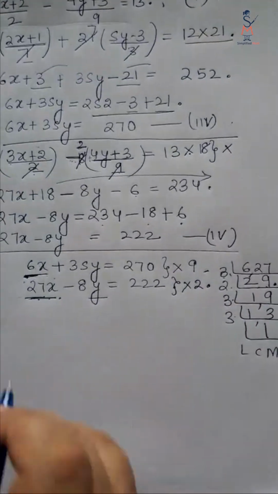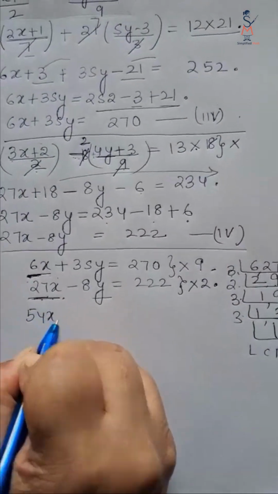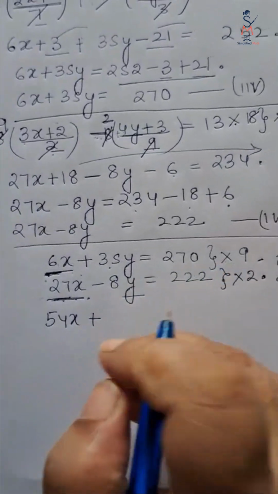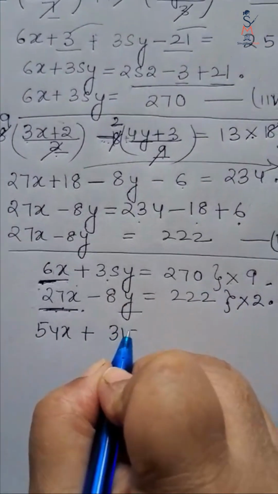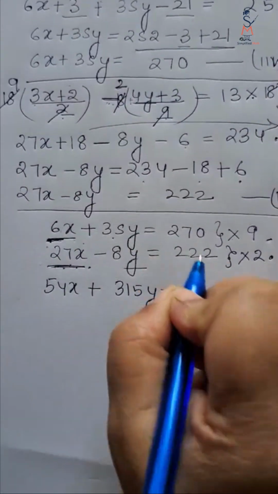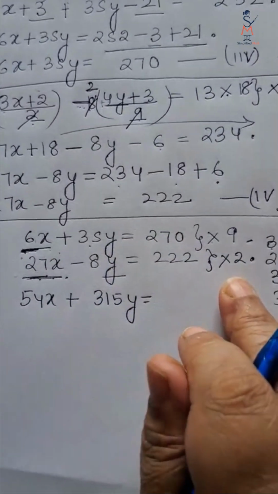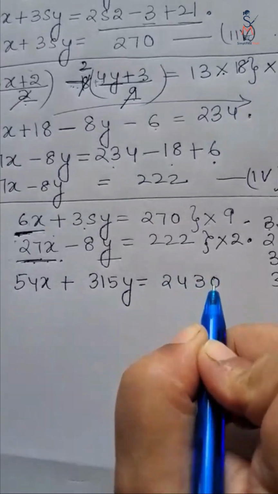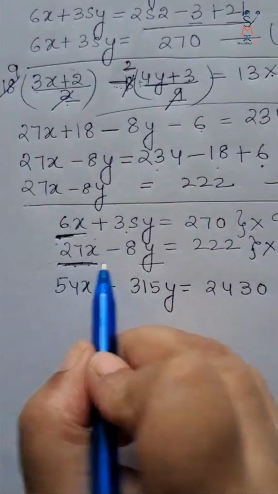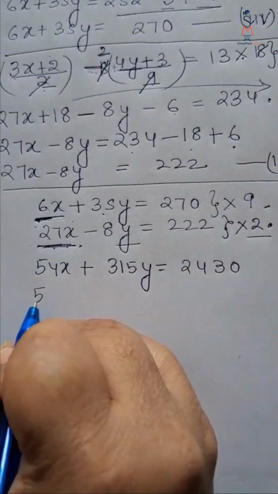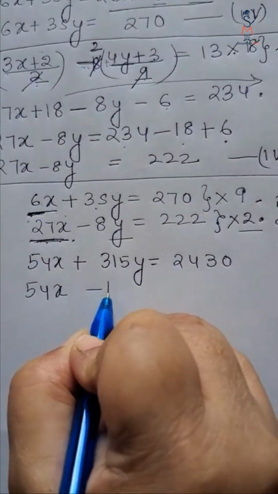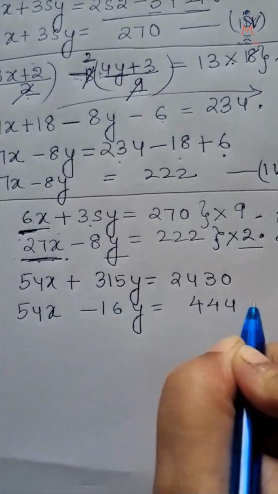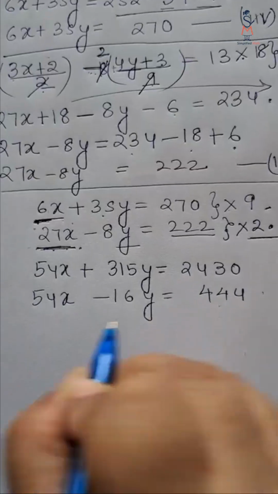So now what will it become? 54x plus 35 into 9, that is 315y, is equal to 270 into 9, that is 2430. Same way we will multiply 27 by 2. It becomes 54x minus 8 2s are 16y is equal to 444. 2 into 2 is 444.